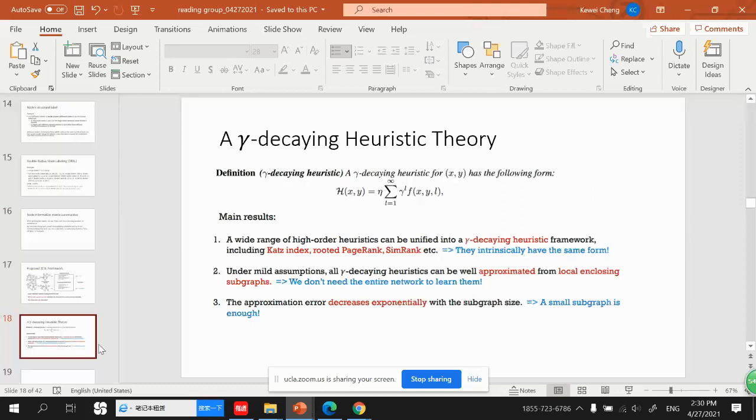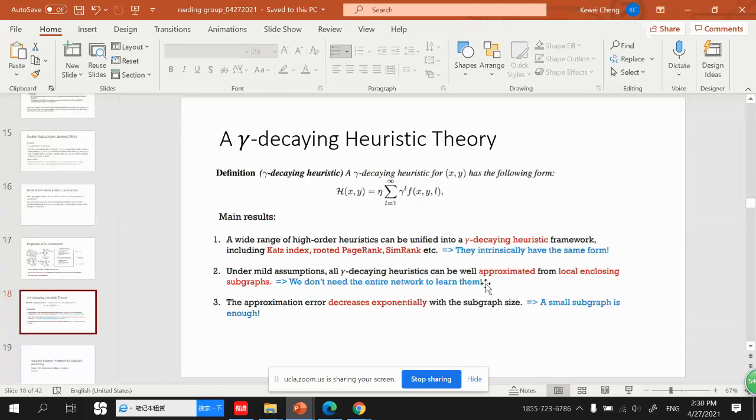And then I didn't show the detailed proof here because for each different method, we have to try to transform it into these formats, and then the proof shows how they work.